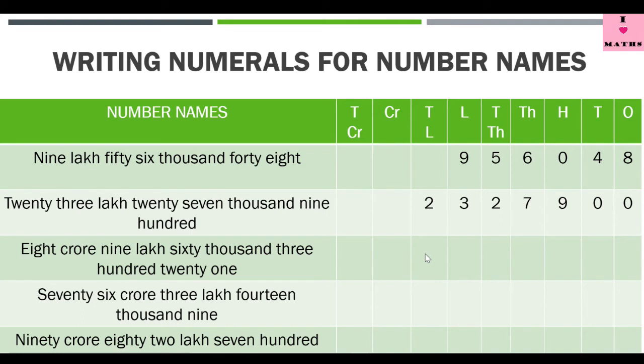Now, here there will be 0 in 10 lakhs column and here there will be 9. 0, 9 will make it 9 lakh. 60,000. 6 in 10,000s column and 0 in thousands column will make it 60,000. 321. 3 in hundreds column, 2 in tens column and 1 in ones column. Okay. 8 crore, 9 lakh, 60,321.